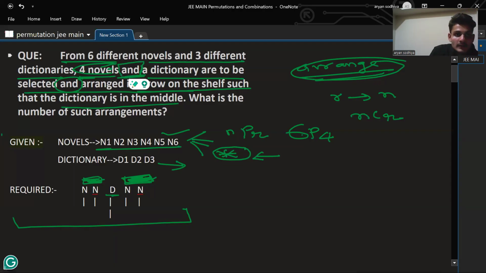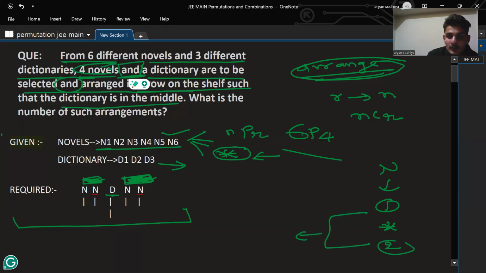This is the first novel's work, and then you need to multiply with the second. So these both events are sequential. The first event would be completed, then the second event will be completed, and multiplication is in between.